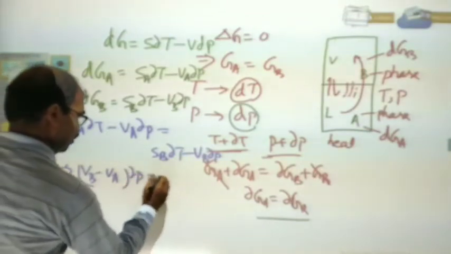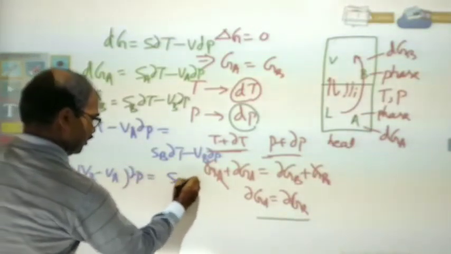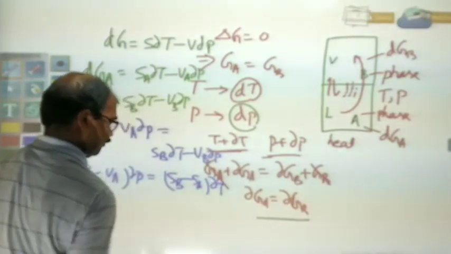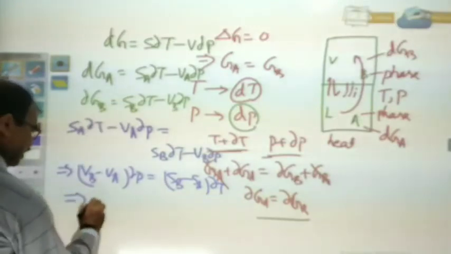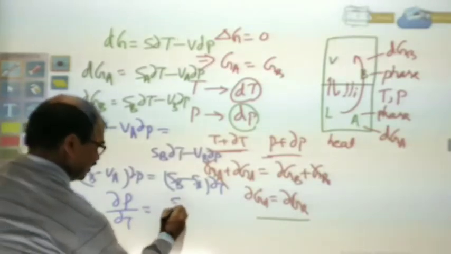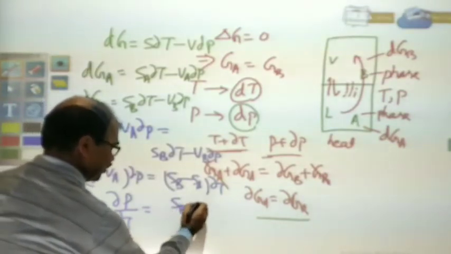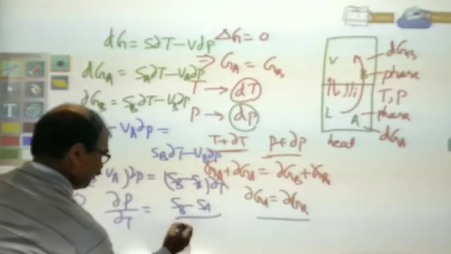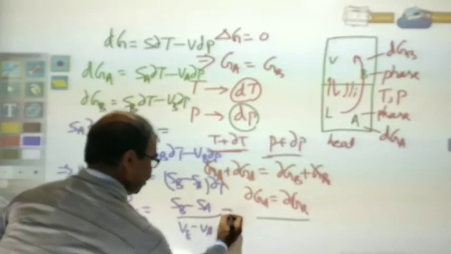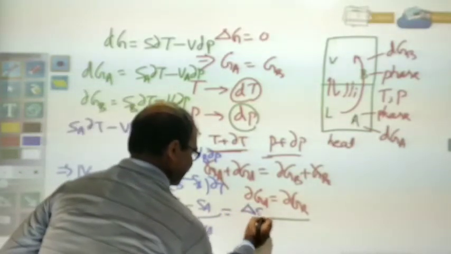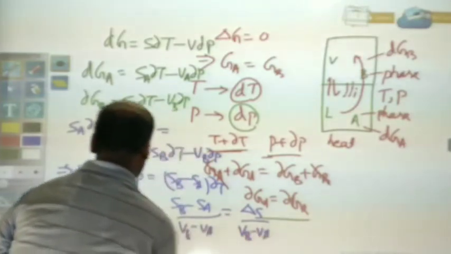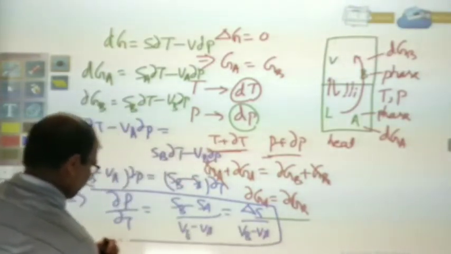dP is equal to (SB minus SA) dT. Okay, also we can write dP by dT is equal to (SB minus SA) by (VB minus VA), which is equal to delta S by (VB minus VA). So this is your Clapeyron equation.